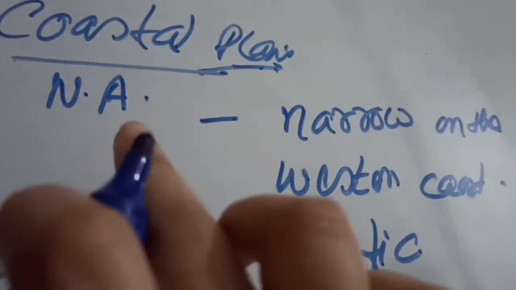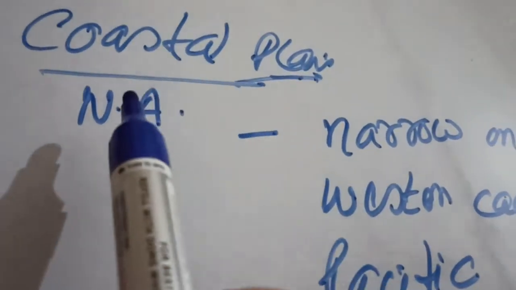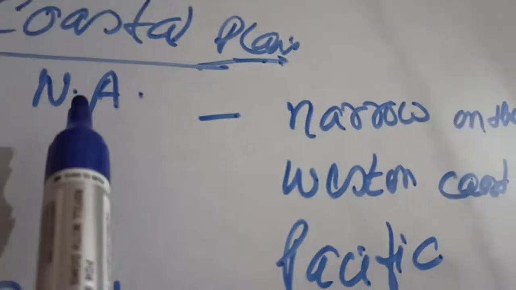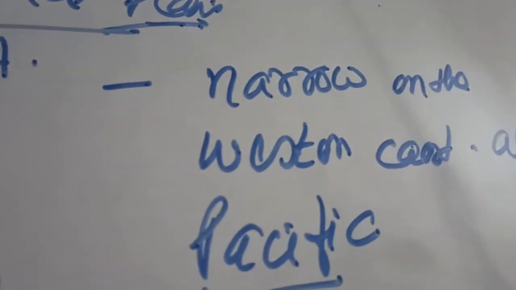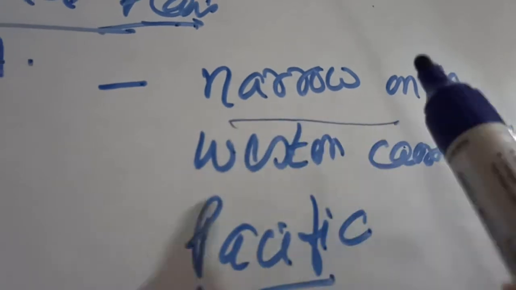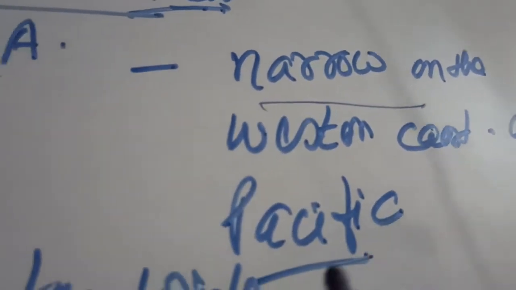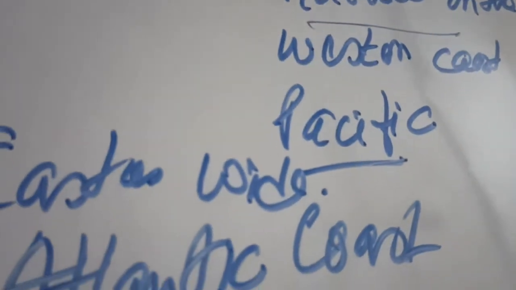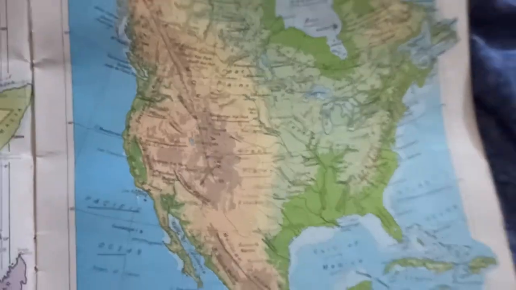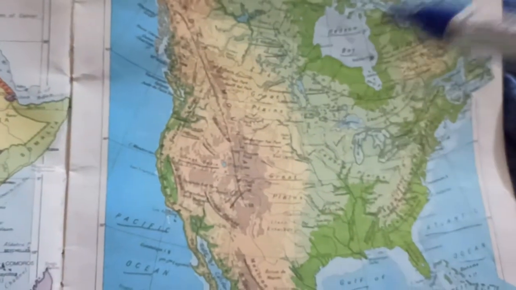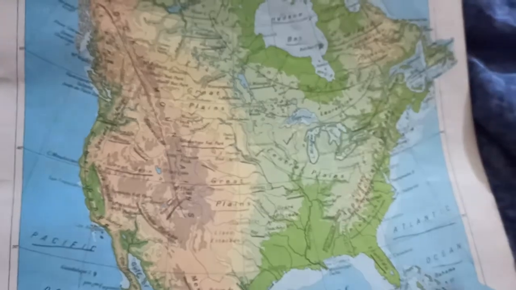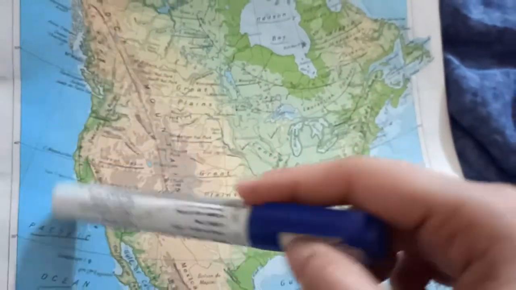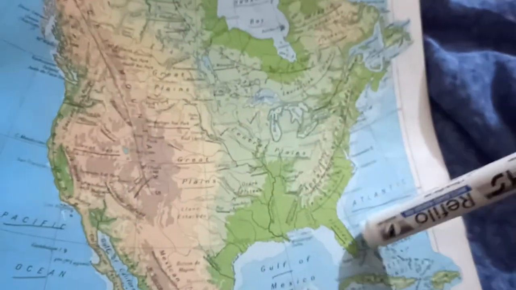The coastal plain means the coastal part of North America. The coastal plain is narrower along the Pacific coast and wider along the eastern Atlantic coast. If you see the map of North America, most of the portions are bounded by the Pacific Ocean and the Atlantic Ocean.